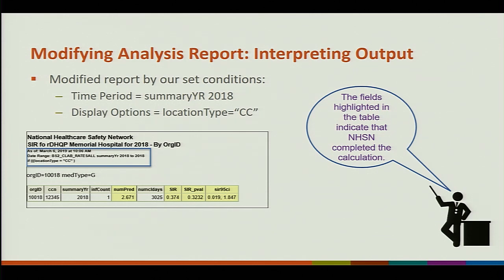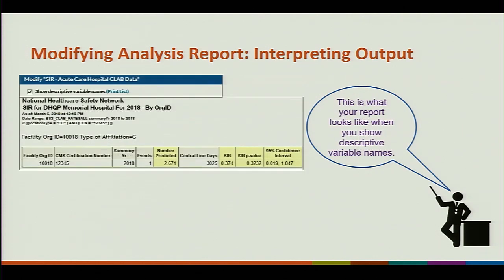The NHSN analysis in the back end is creating those numbers of predicted, your SIRs, your p-values, all that data. All the data that are not in yellow, so your infection count, your number of CL days, those are data that you are responsible for inputting. That's stuff that you've put in: your number of events, your number of CL days, and those summary reporting plans. That's coming from the NHSN user side.